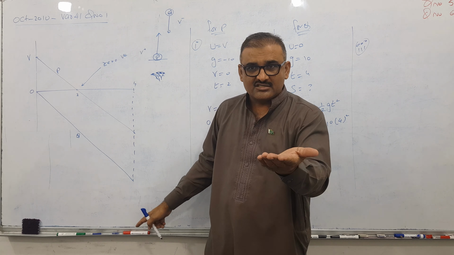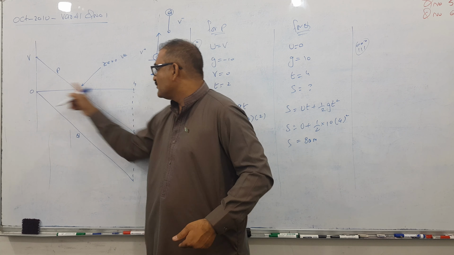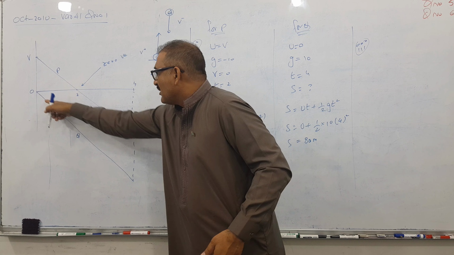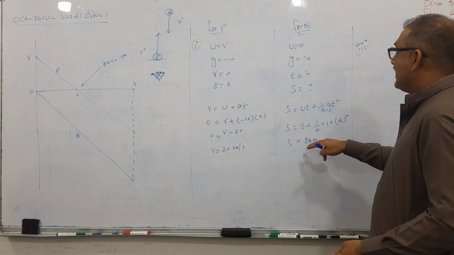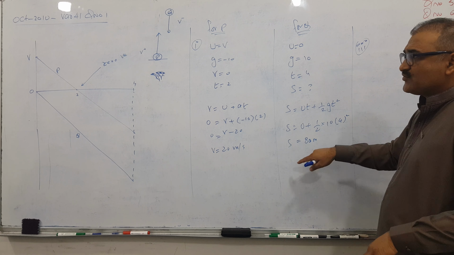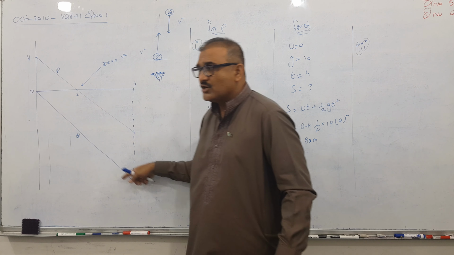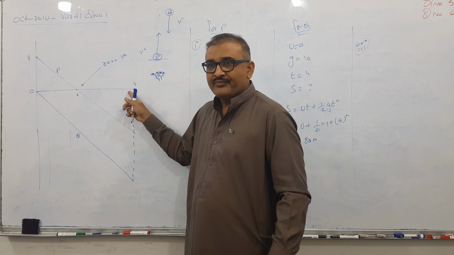The area of the triangle is called distance, all of you know. Half into base into height. What's the base? 4. Do you have the speed when it reaches? So I think velocity we have, distance we have. Is it Q? Yes, Q. It means this area is how much? 18. Am I right or not? And what is the time? 4.